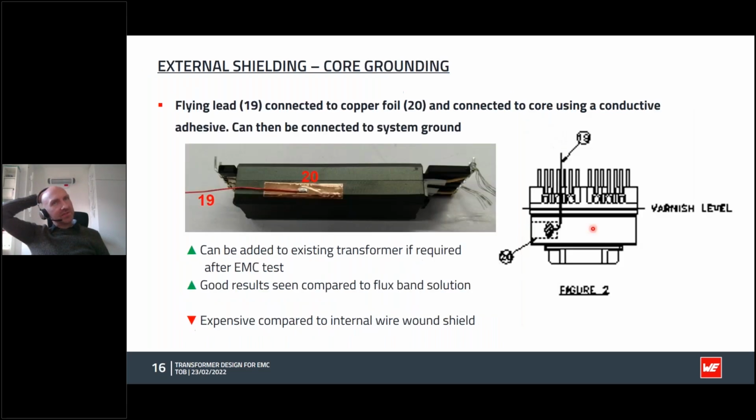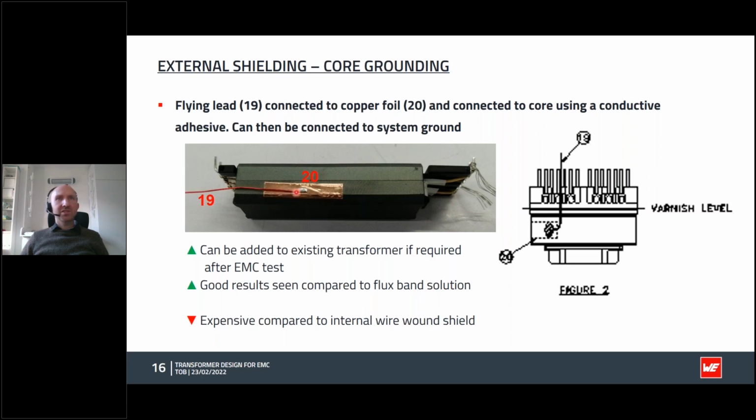Another thing that can be quite successful is core grounding. One method to do this is we get a little strip of copper and attach it with an adhesive that's conductive, so the adhesive contains some conductive elements.